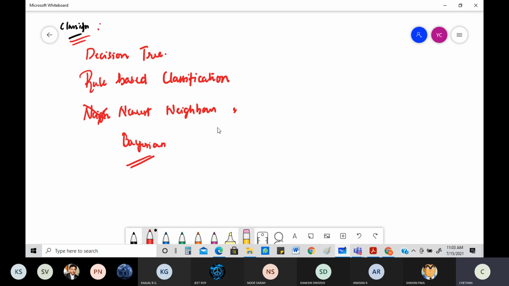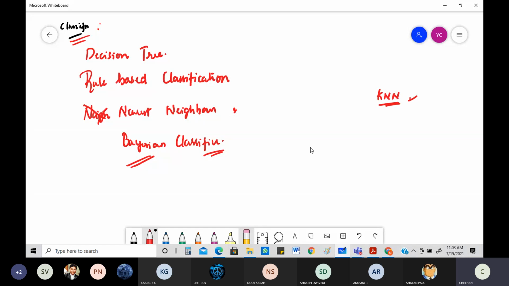Even in nearest neighbor, we'll take one example and see how it is calculated. But KNN, k nearest neighbor, is a very important algorithm which you need to keep in mind, especially in terms of machine learning and data science. Same with the Bayesian classifier, a very important algorithm for you to remember in terms of machine learning and data science.